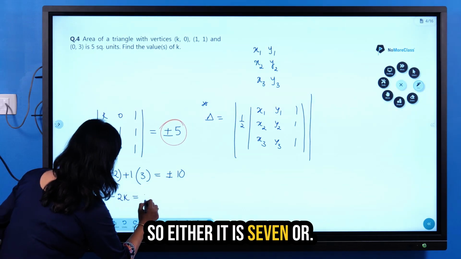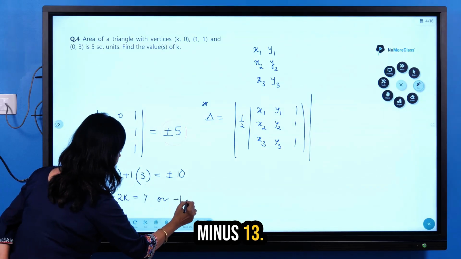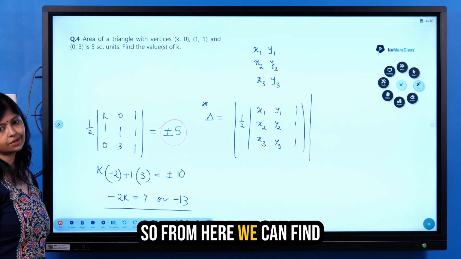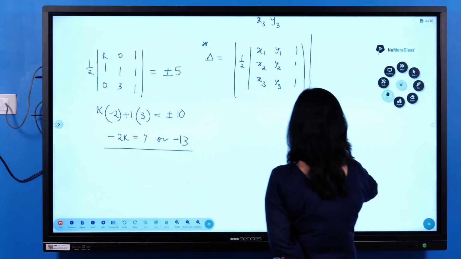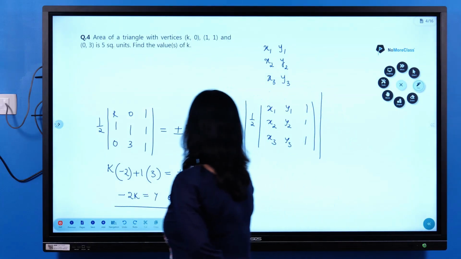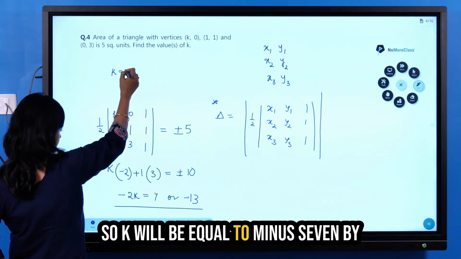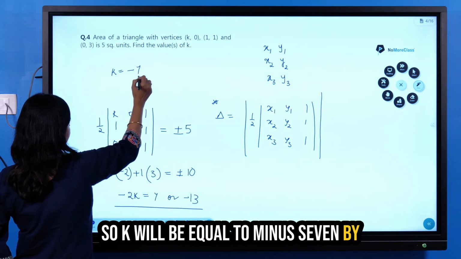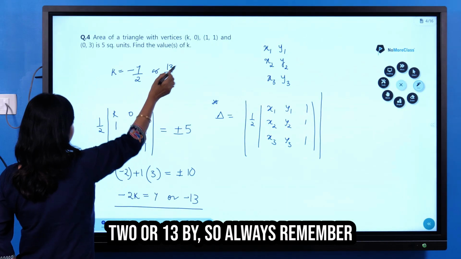So either it is 7 or minus 13, and from here we can find the value of k. So k will be equal to minus 7 by 2 or 13 by 2.